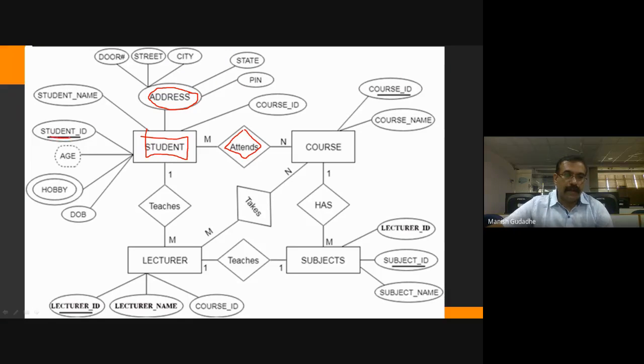To repeat, primary keys are underlined, derived attributes have a dotted ellipse, multivalued attributes have a double line block, and there is a possibility of composite attributes also, which don't have their own value; they take the value from their sub attributes. Also, the primary key of one entity can become an attribute of another entity. At that time it will be called a foreign key.